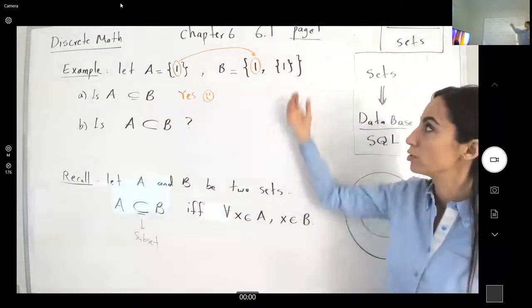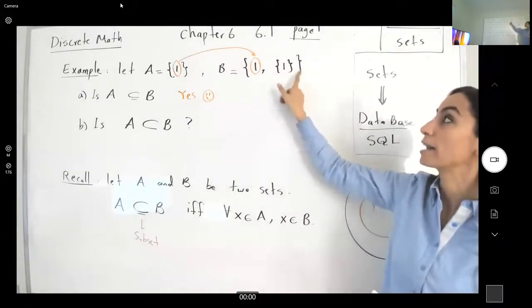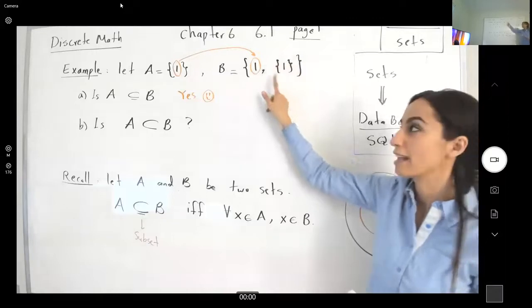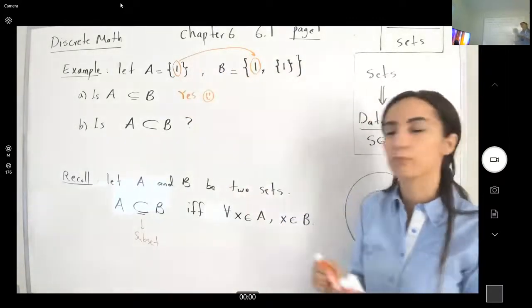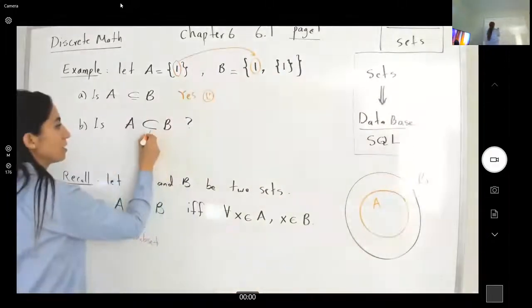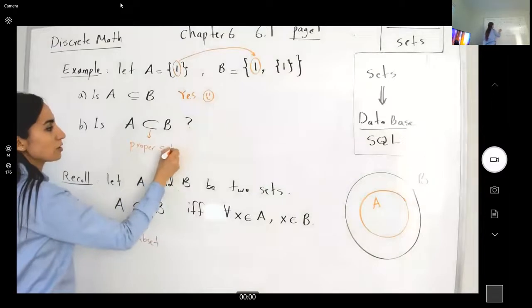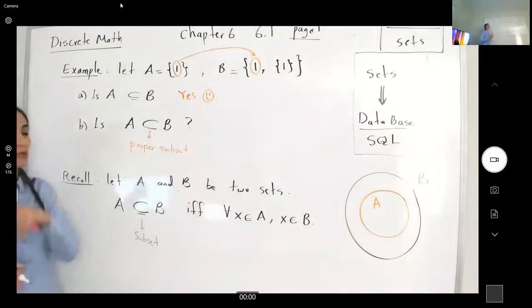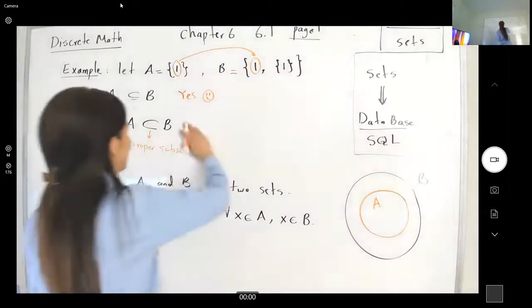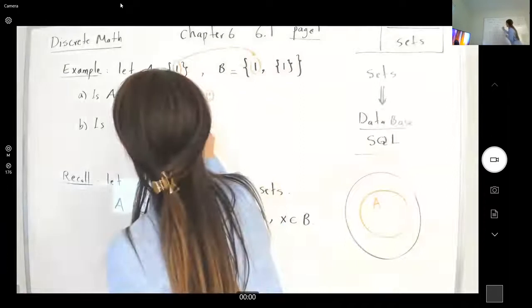In this case, we can say that since set B has another element that is not in set A, it means that A is a proper subset of B. What's the meaning of that? It means that there is no way these two sets are equal to each other. So again, the answer here is yes as well.